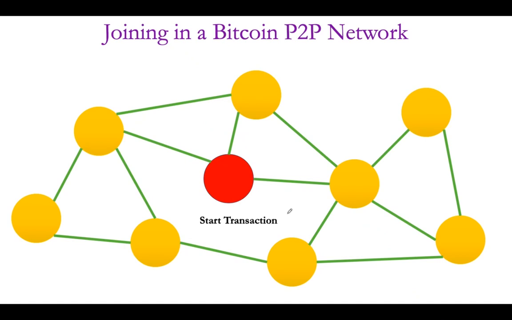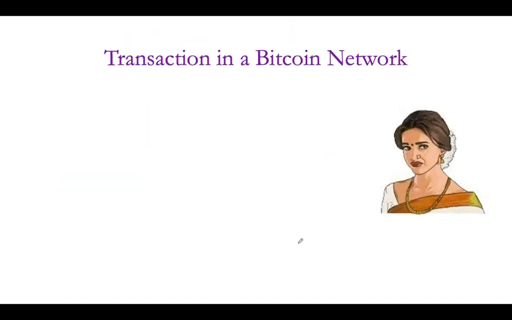Then it starts doing its transactions. To start doing transactions, what will it do? It will go with the output first. The output function means it starts creating the coins, and then it does the input function, spending the coins in the network.